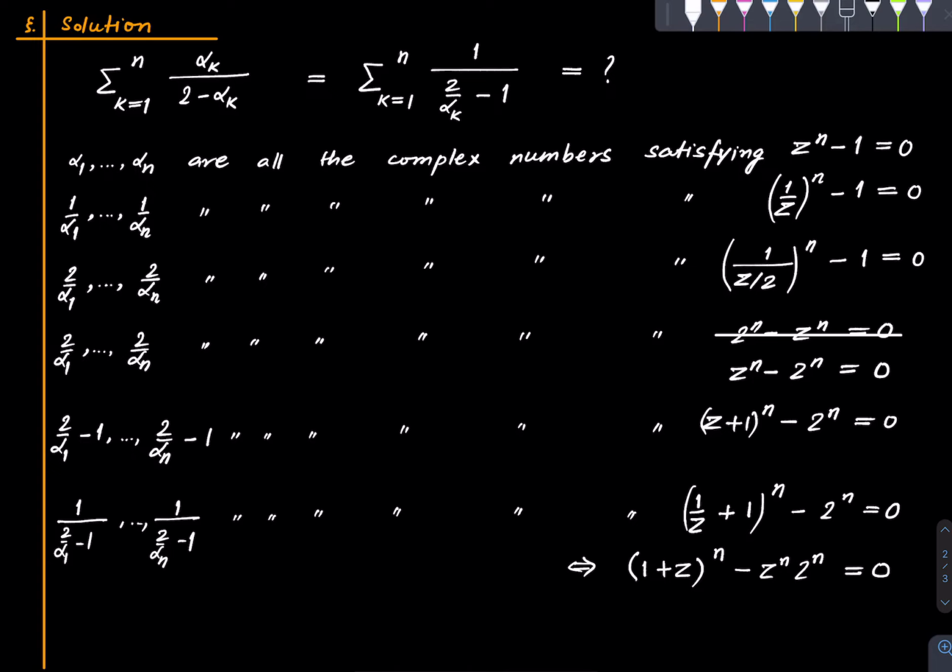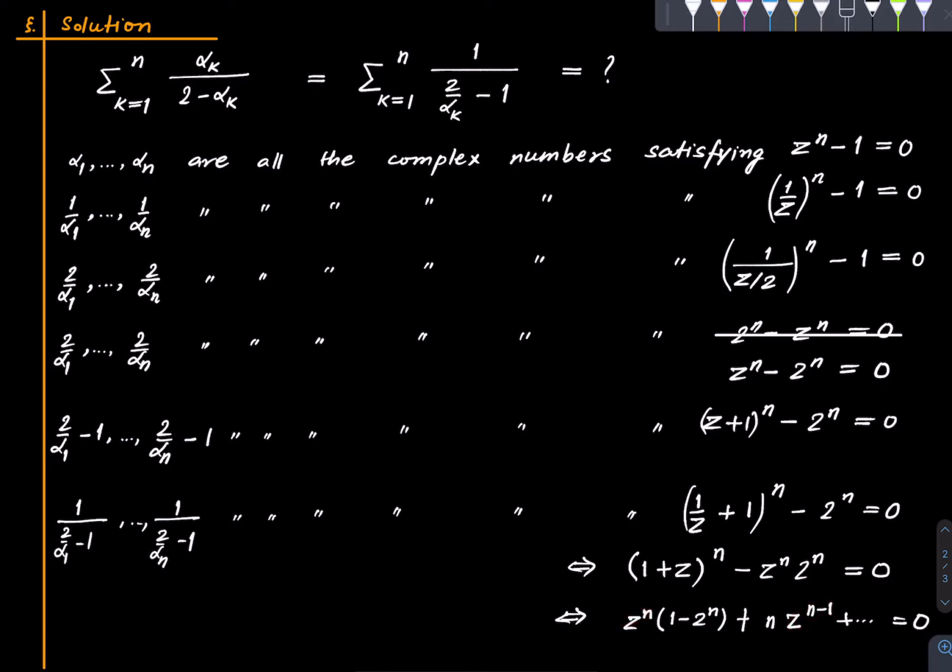So this looks like zⁿ(1 − 2ⁿ) and all we are interested in now is the coefficient of zⁿ⁻¹. And the coefficient of zⁿ⁻¹ is n because of the binomial expansion. So all we are interested in is the coefficient of that and the coefficient of that. So we have figured both of them out.